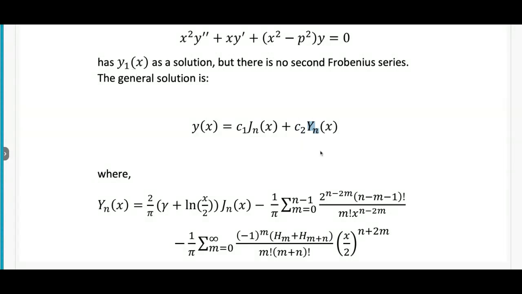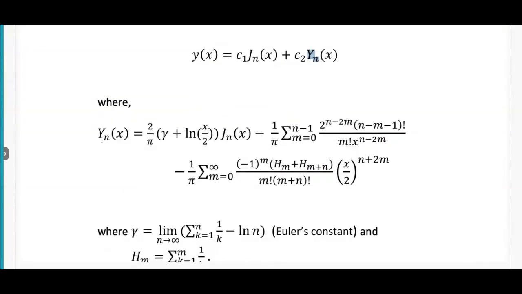So what is this yn of x? This yn of x is 2 over pi, this lowercase gamma plus ln of x divided by 2, times this nth order Bessel function, minus 1 over pi.